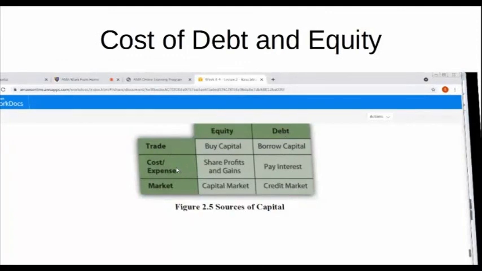And as to cost and expenses, under equity you have profits and gains, while in debt you pay interest. In the market, for equity you are dealing in the capital market, and when it is debt, you are dealing in a credit market.